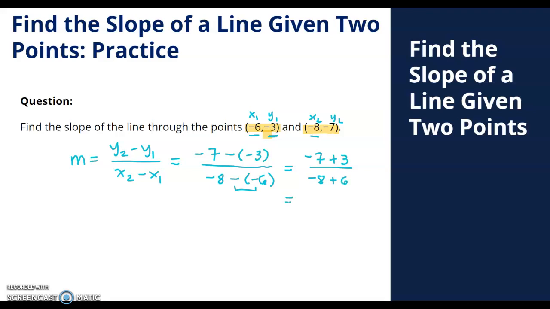So -7 plus 3 is equal to -4, divided by the denominator, -8 plus 6, which is equal to -2. So negative divided by negative is positive. -4 divided by -2 is +2. Therefore, we say that the slope of a line through the points -6, -3, and -8, -7 is equal to 2.